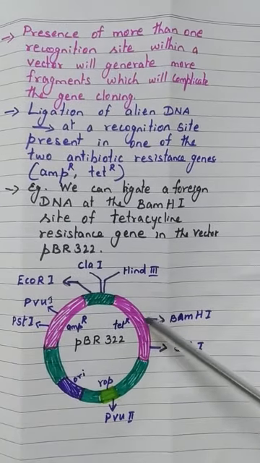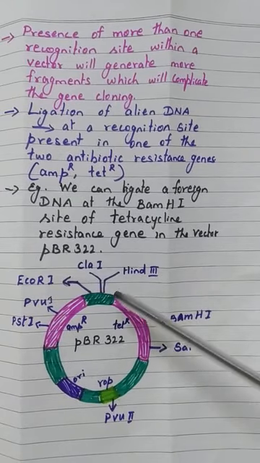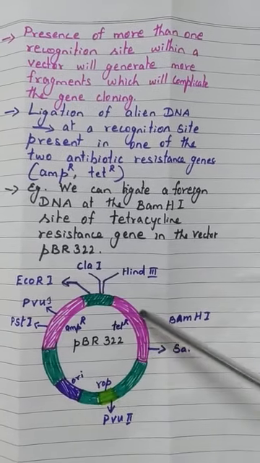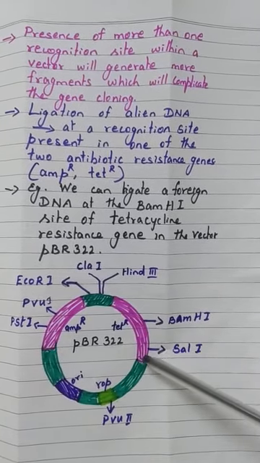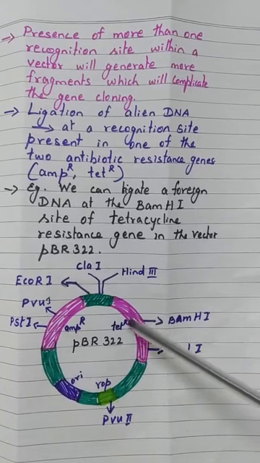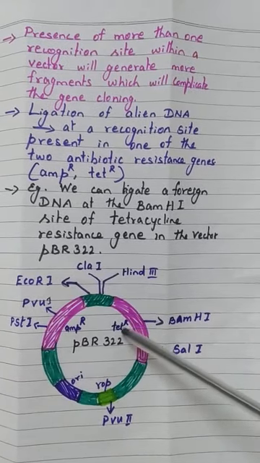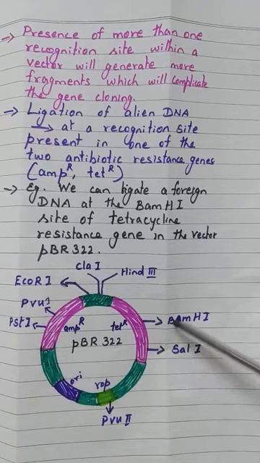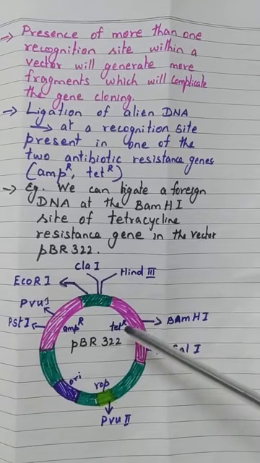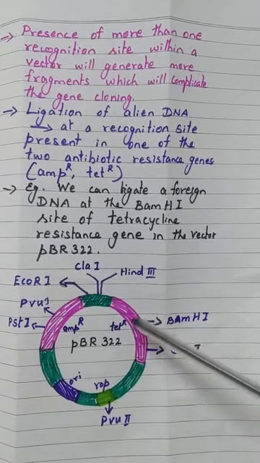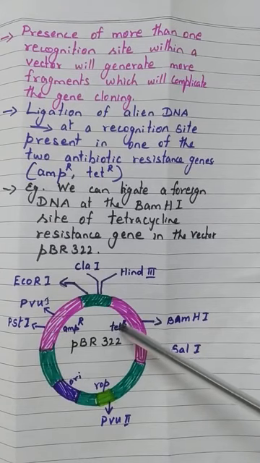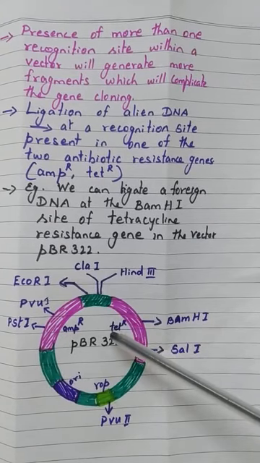When we ligate this foreign DNA here, this gene will lose the property of resistance against tetracycline. This point is very, very important. When we ligate a foreign DNA, this gene will lose its capacity to resist the tetracycline antibiotic.